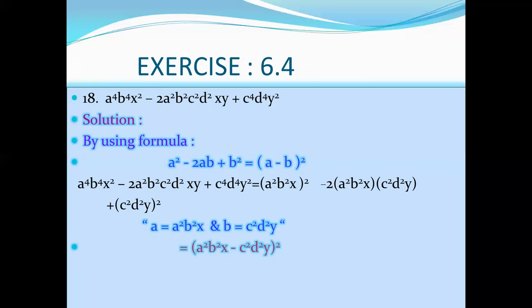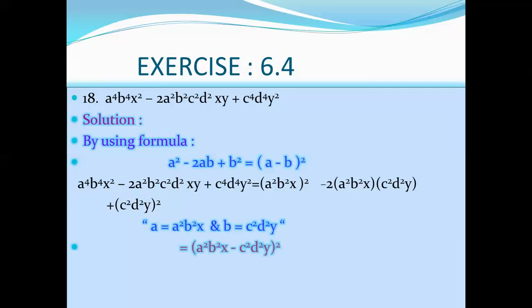Now you see, is there any number common, any variable common in these three terms? No variable is common. All the variables are different in the first and the last term. Two terms are in the power 4 and one is square. Same in the third term, two variables have the power 4 and one is square.